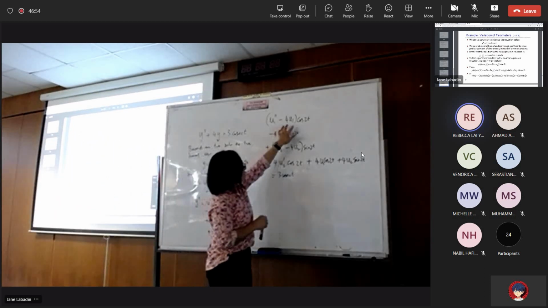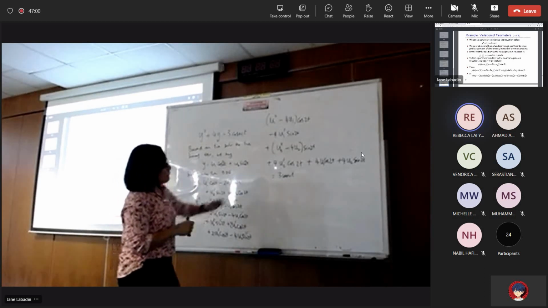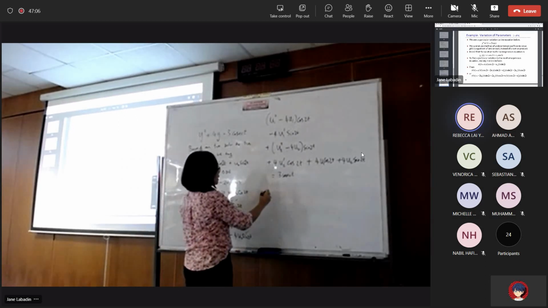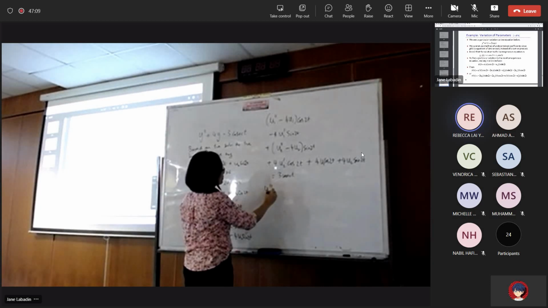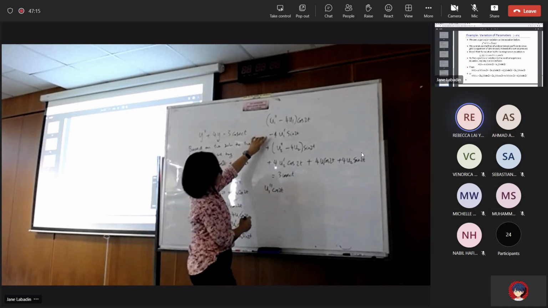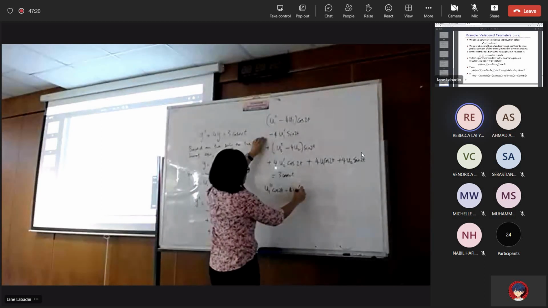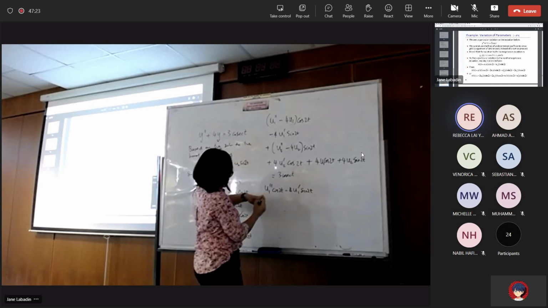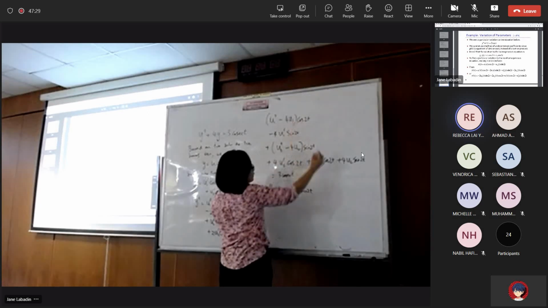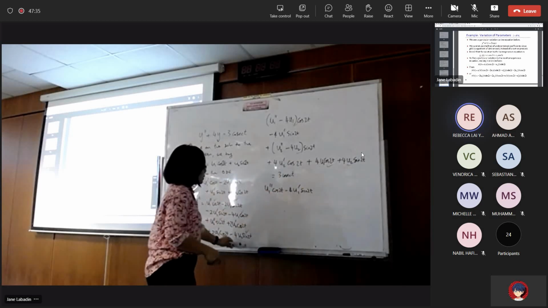This can go, right? This and this can go. This and this. So we are left with u1 double prime cos 2t. This one cannot. Okay, so basically this and this and this and this become 0.